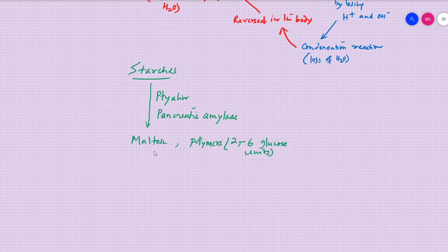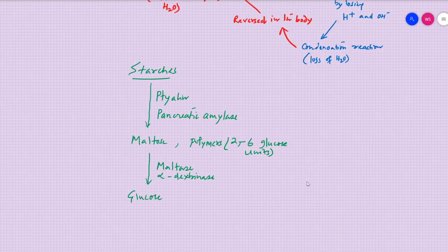This maltose is acted upon by maltase and alpha dextrinase, which are enzymes present in the small intestine. And this maltose is converted to glucose. Those polymers also get converted to glucose.